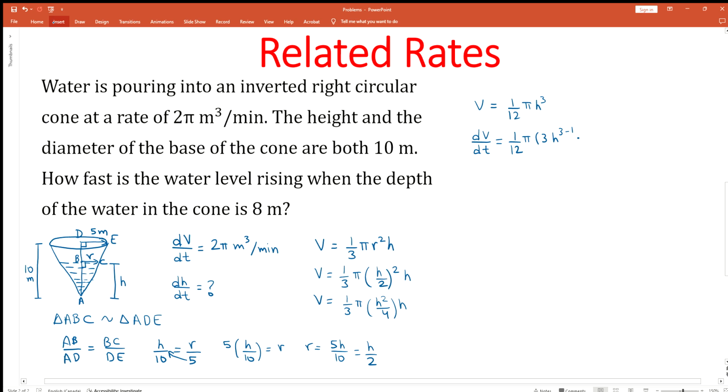The derivative of h with respect to t is dh/dt. Now we can simplify this equation. 1/12 π times 3 is 3π/12 h². We are given that dV/dt is 2π. We can reduce 3 and 12.